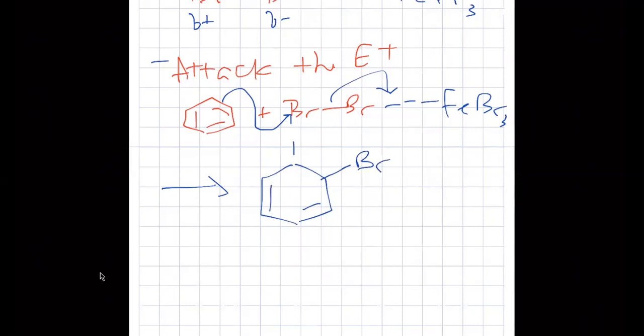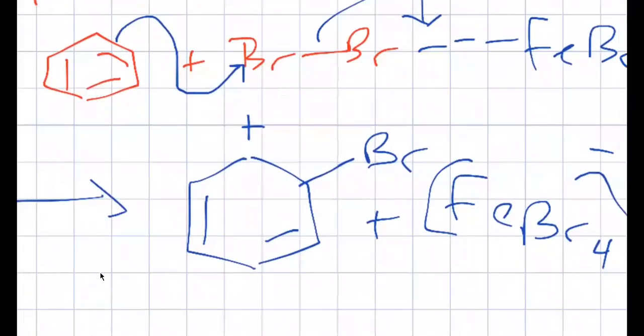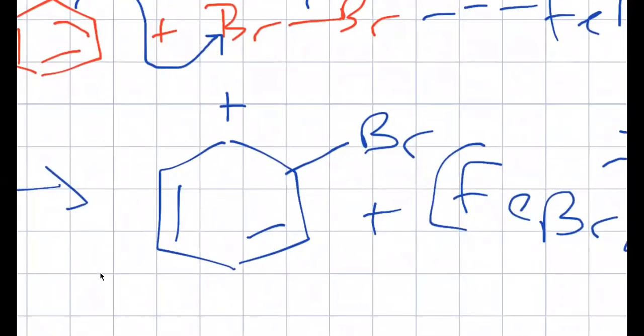Right, and then that's going to be plus FeBr4, and now this whole thing has a negative charge, right? And so keep in mind that on the ring, on the carbons within the ring, there's still hydrogens on there.